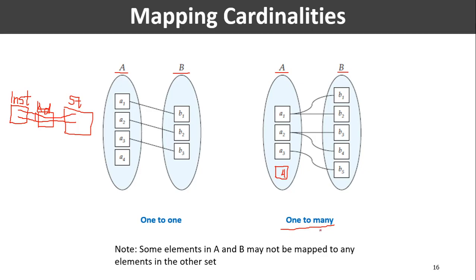This is what we mean by one-to-many relationship or one-to-many cardinality. Let us try to relate this concept once again with our running example, instructor and student. Let us assume that A is my instructor entity set and B is my student entity set.